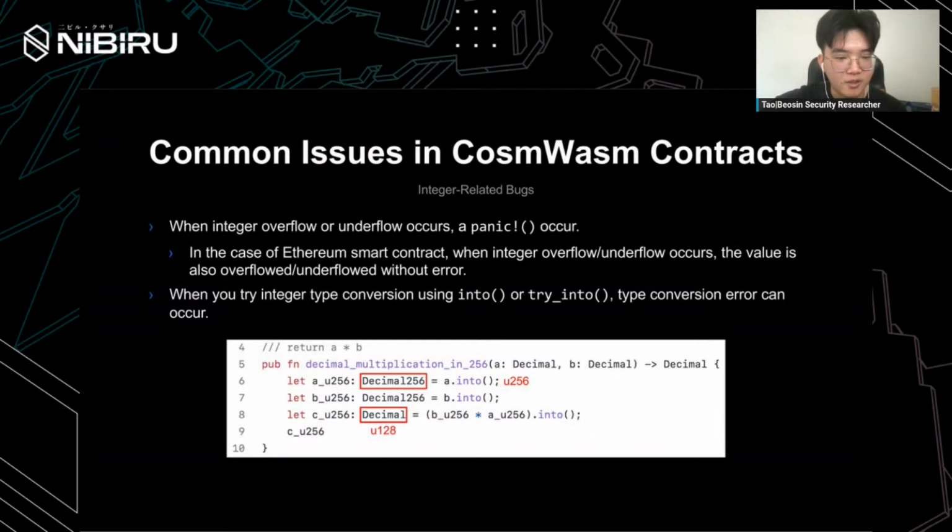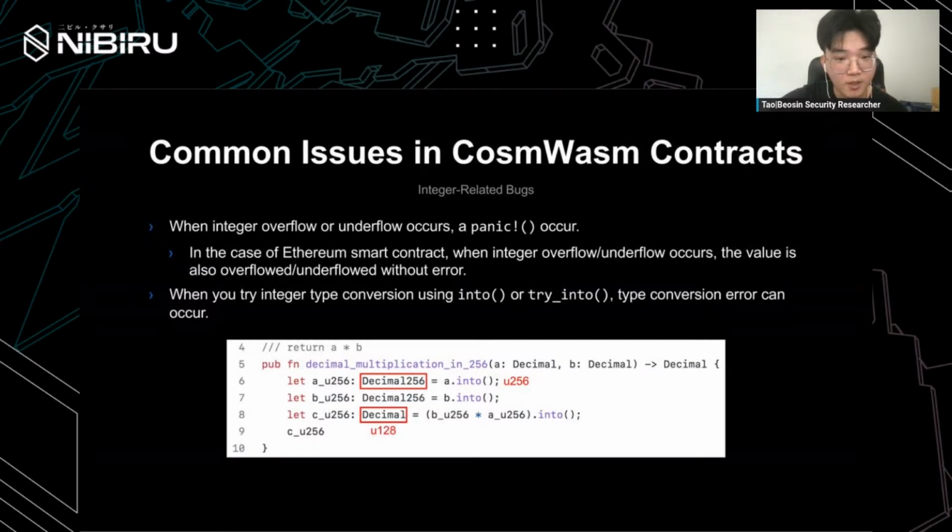In this example, we can see we add two uint256 variables, and we only use the c variable, which is an int128 type, so that will be a type conversion error and might cause serious problems during the following calculation.